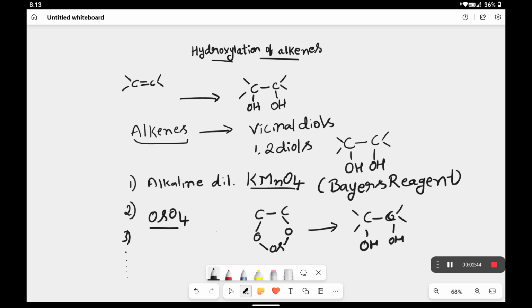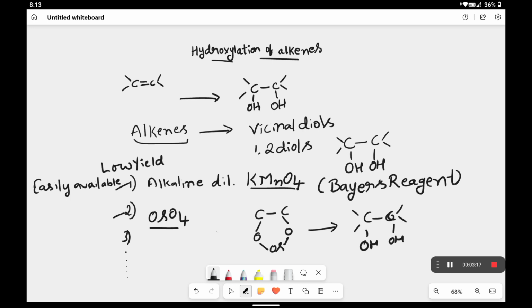Then we discuss the advantages and disadvantages of these two reagents. Alkaline dilute KMnO4 is easily available, that is the advantage. And another thing is it offers a very low yield, that is the disadvantage.